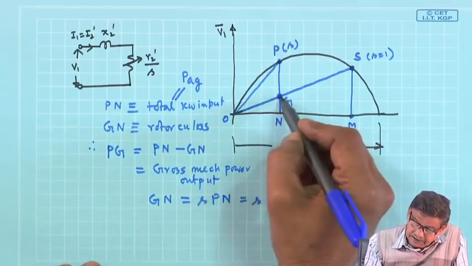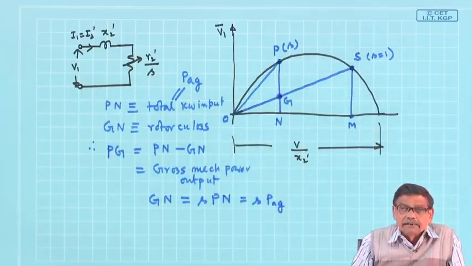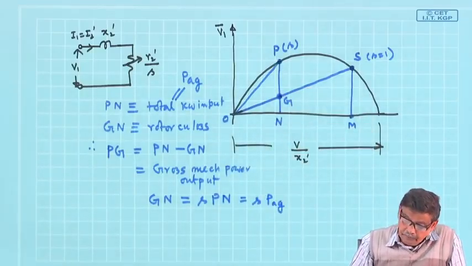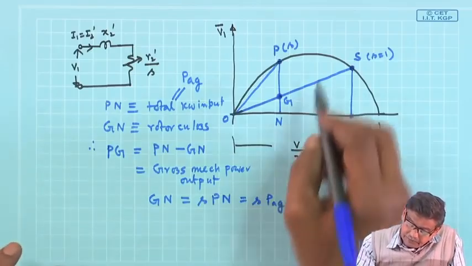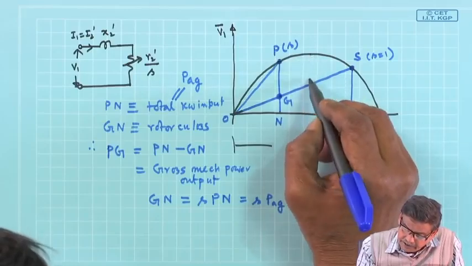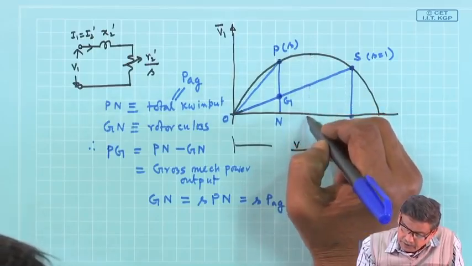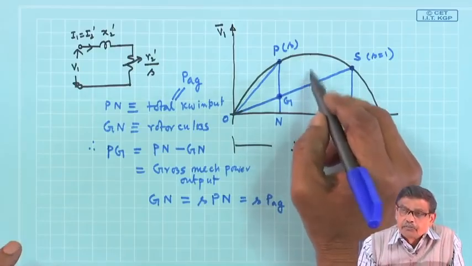So, Gn will be s times the whole length, and the thing is over. Therefore, you see this vertical interception: if it operates at this slip, draw a vertical line, this will be the copper loss at that slip, and this will be the mechanical power output.